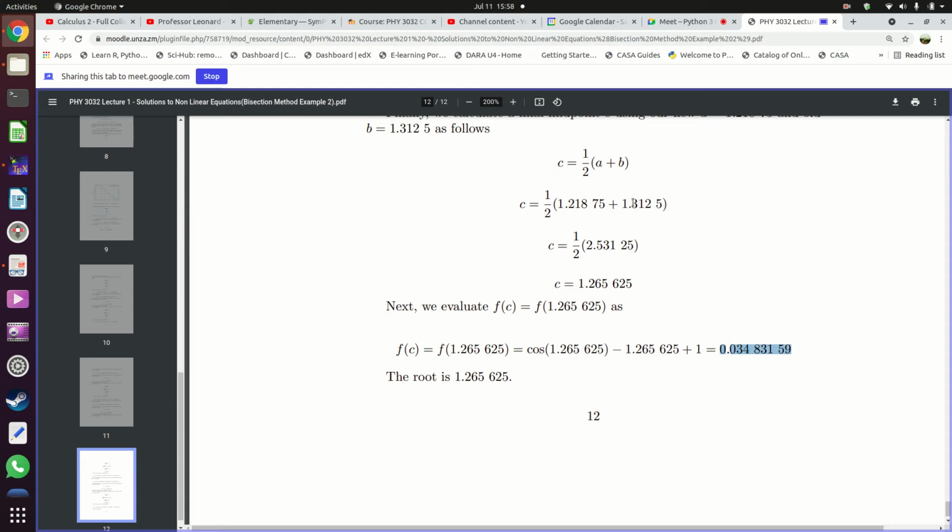So when we meet on Wednesday, we're going to look at how to stop a bisection. Then we'll also look at other methods, the open methods.